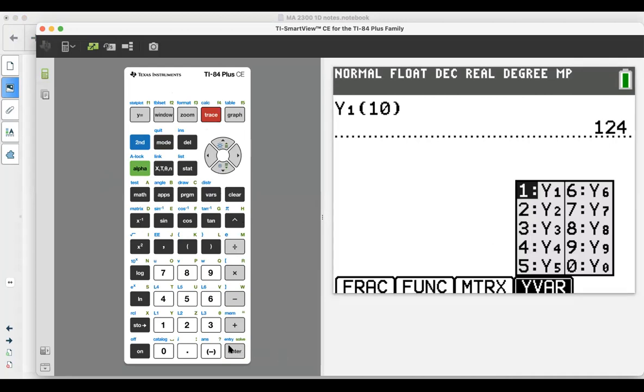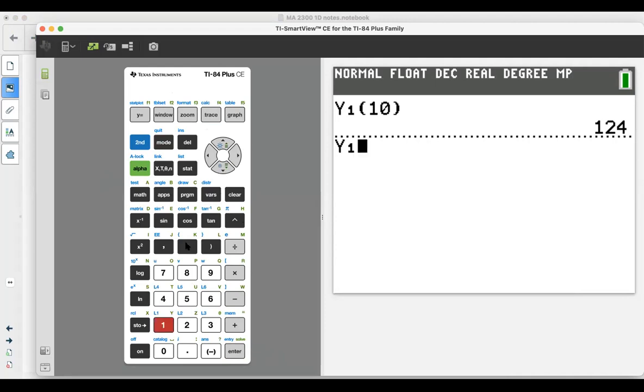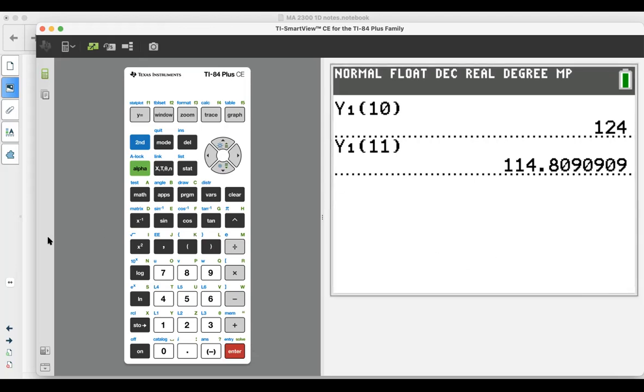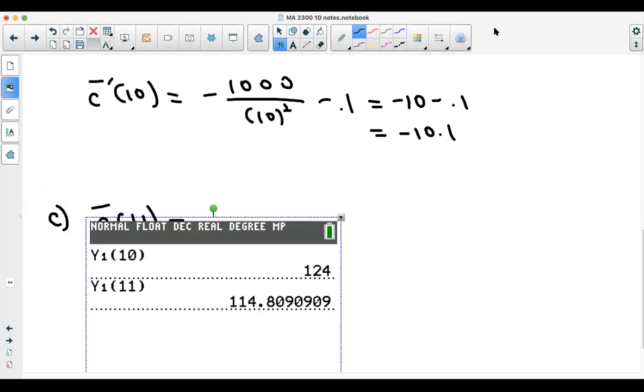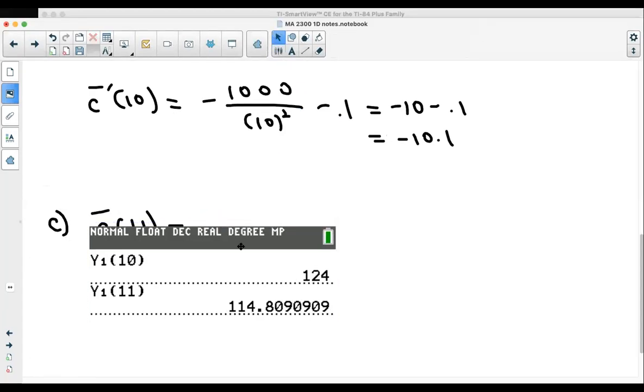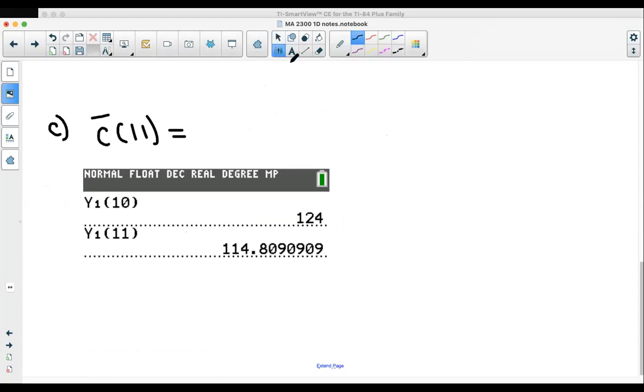Then number 1 and open parenthesis 11. What this does is get the average cost per driblet when I make 11 of them. Press enter. Okay, so it got me 114.8.